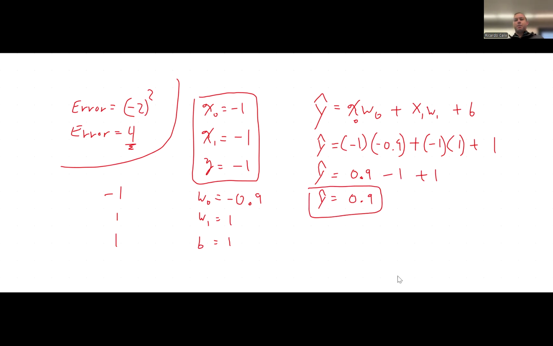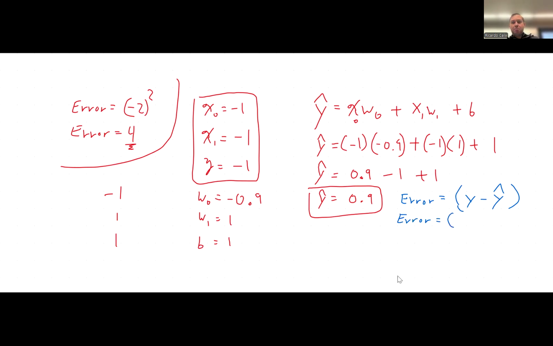Okay, so what do we do now? We calculate the error. I'm going to change the color for this one. So error is going to be y minus y hat. Remember, y is the real value and y hat is the predicted value. So y is going to be this one, right?